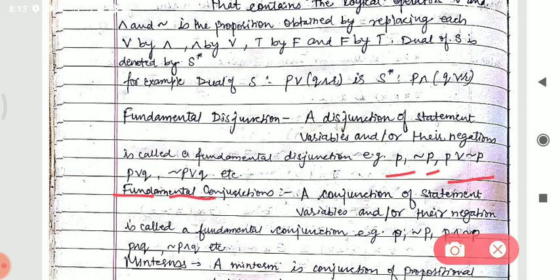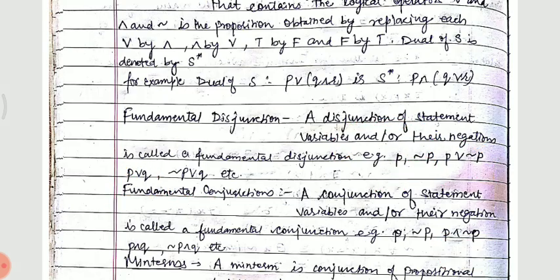If we are considering two variables P and Q, then each is either the simple variable P or its negation, and in between we use disjunction. These are called fundamental disjunctions.